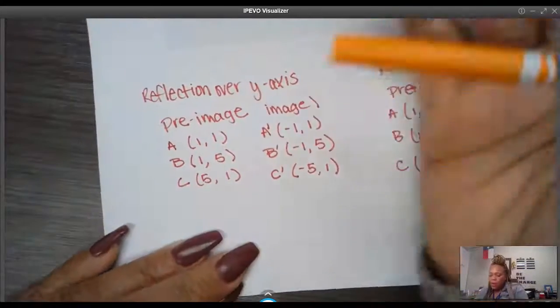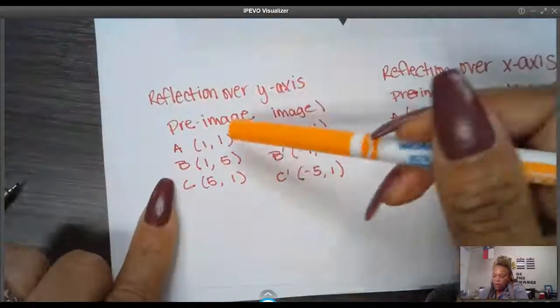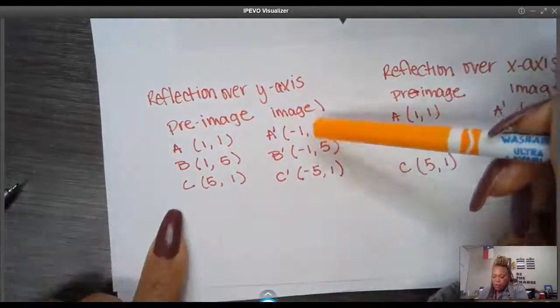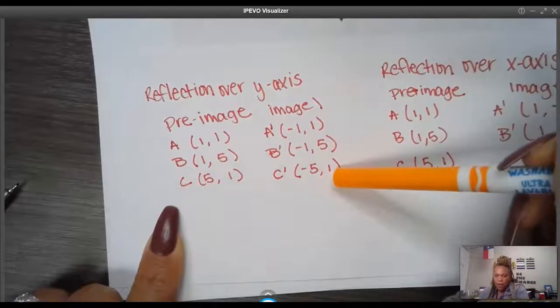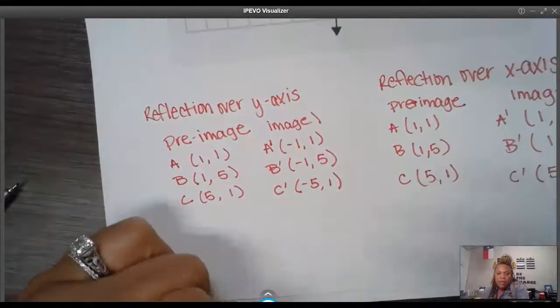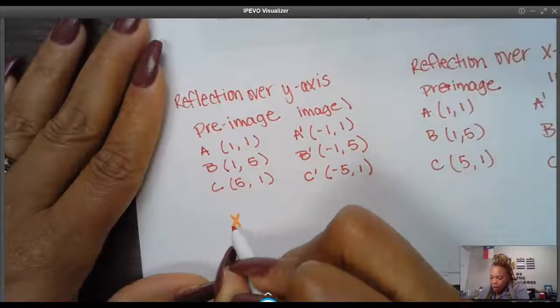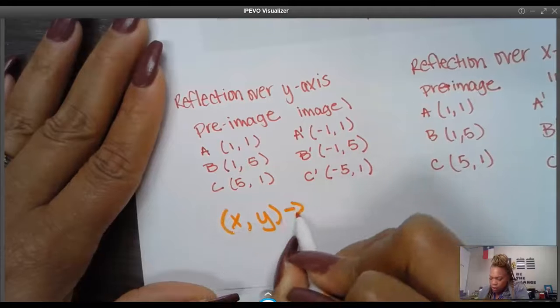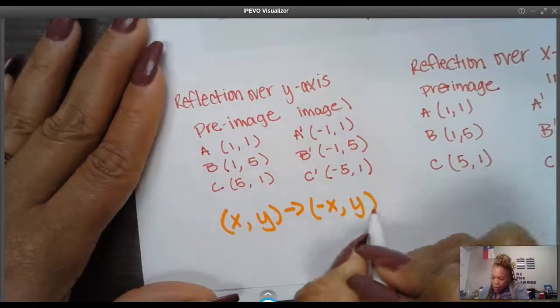So what do we notice on just the reflection over the y-axis? Just this one alone. What do we notice is the difference between the pre-image and the image? Hopefully what you've noticed is that my x, y on my pre-image has now turned into -x, y.